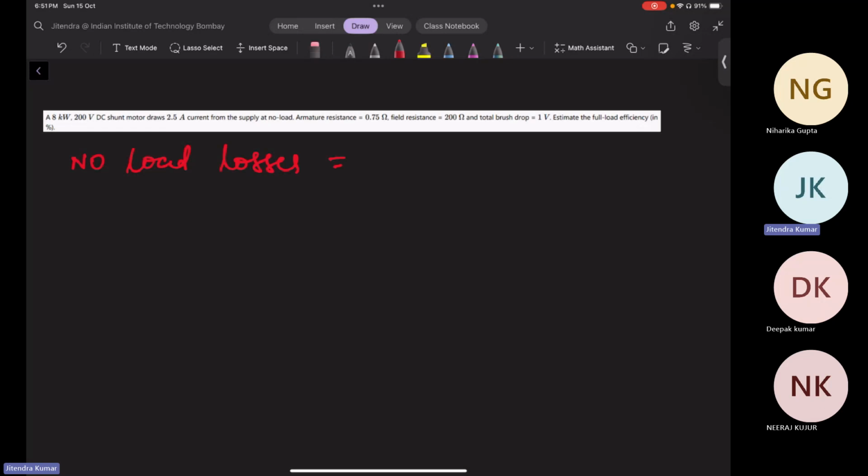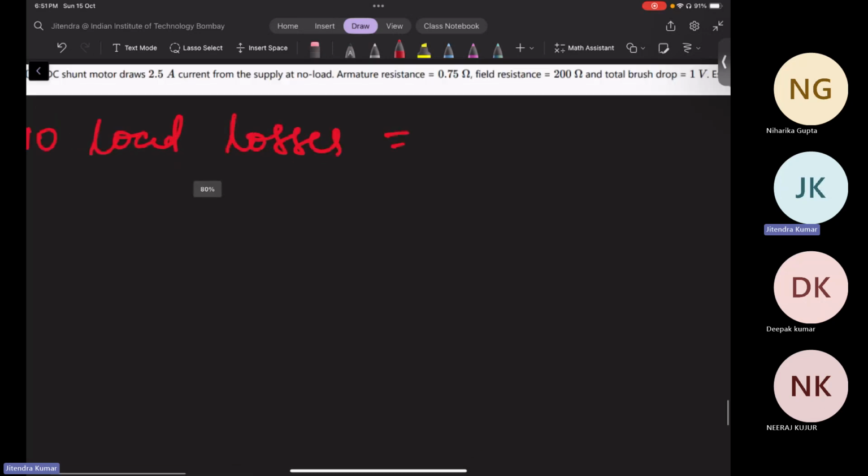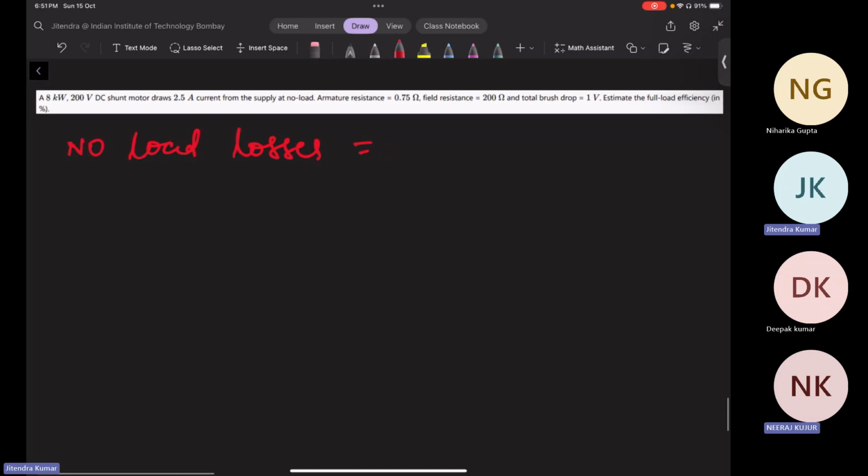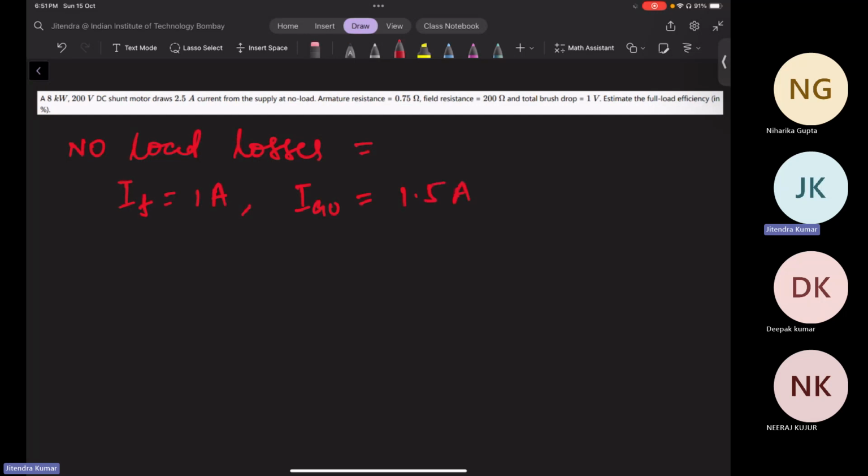It will be how much? First, we should find out the field current. So field current is 1 ampere. So no load armature current will be equal to 1.5 amps, and for no load losses we first need to find out the EB at no load.